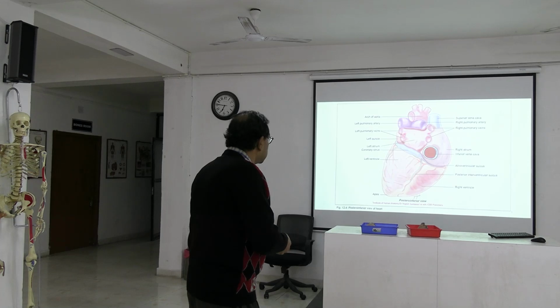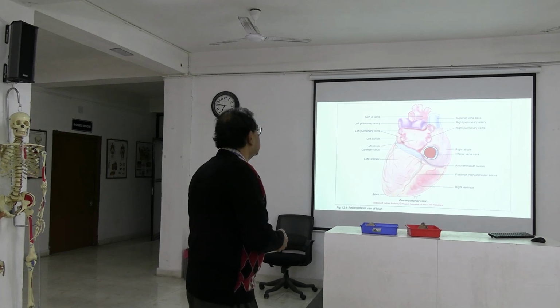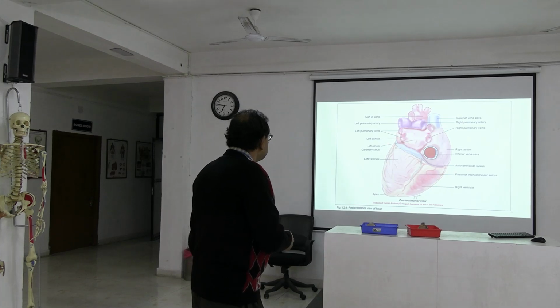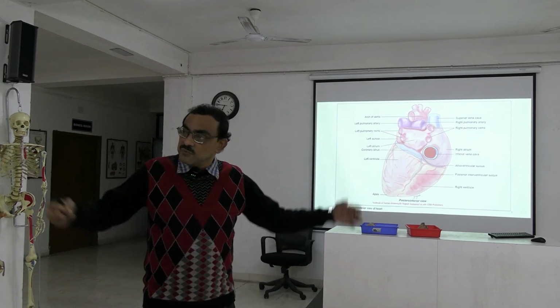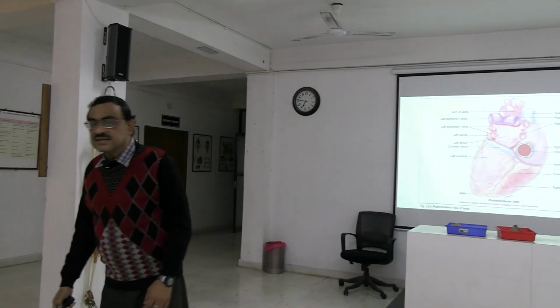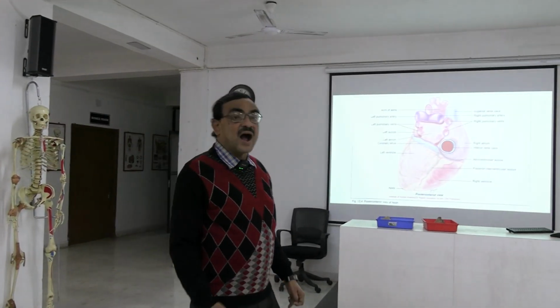A little bit on the left we get the anastomosis between the right coronary artery and the left coronary artery. And this one which we can see is nothing but the coronary sinus, it is a vein, and within that sulcus we also get the anastomosis between the right and left coronary arteries.